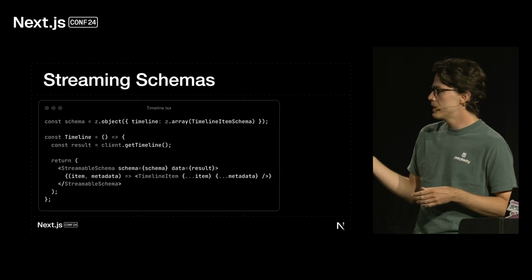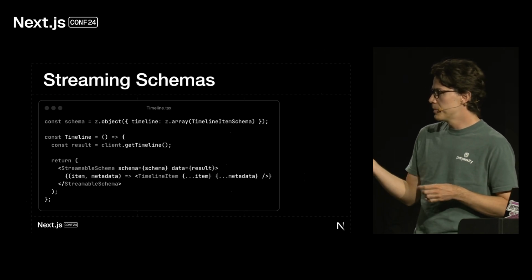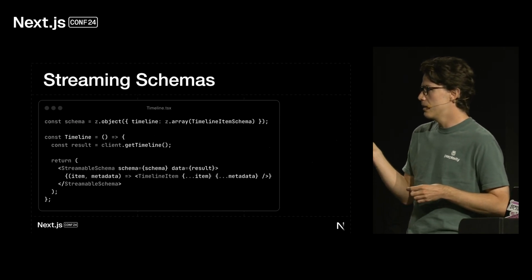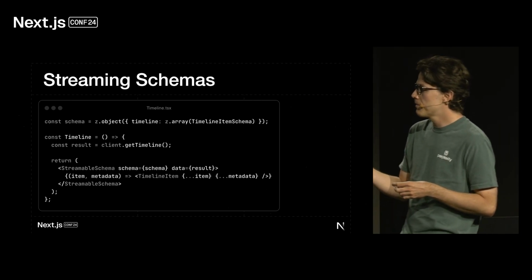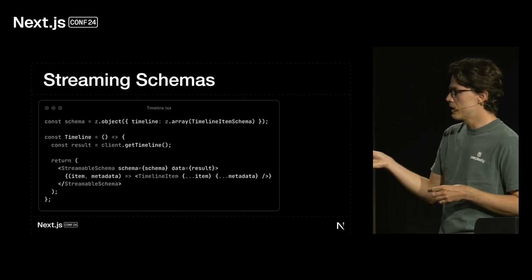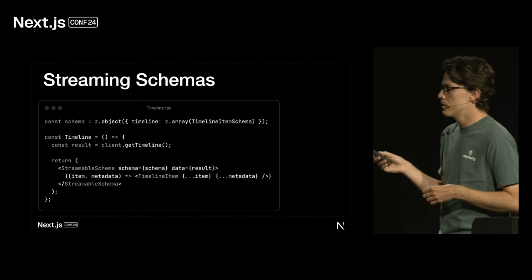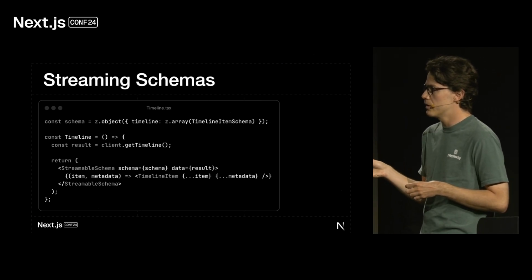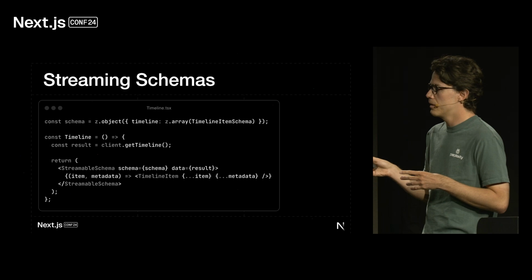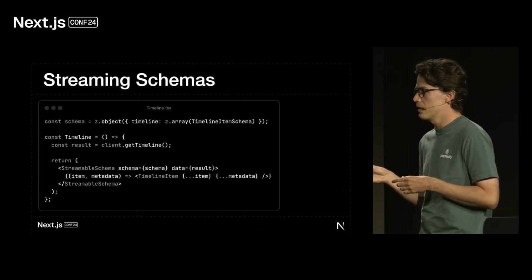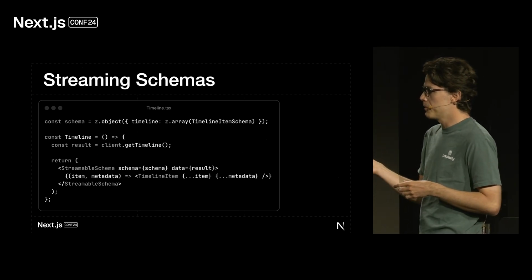But the important part here is that streamable schema accepts the final schema that you use and the incomplete result, and all the calculations checking which item is loaded or not are performed there.